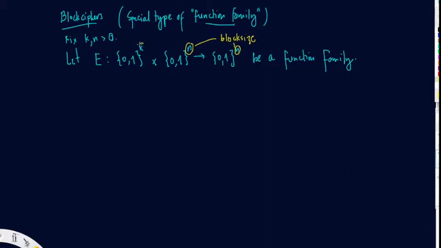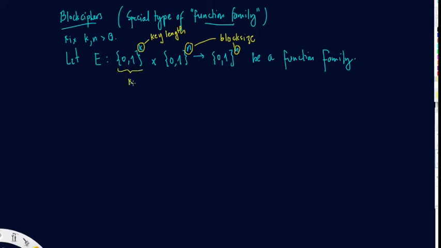This value here, k, is usually called the key length or the key size. Why? Well, because this first input here, which we'll usually write as k, is the key. This will end up being the secret key, typically, of the block cipher.